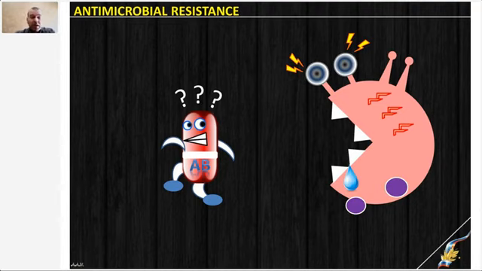So, what is it? Antimicrobial resistance is the ability of a microorganism to withstand the effect of an antimicrobial drug. It is the ability of a microbe to withstand the activity of your therapy, of your drug.